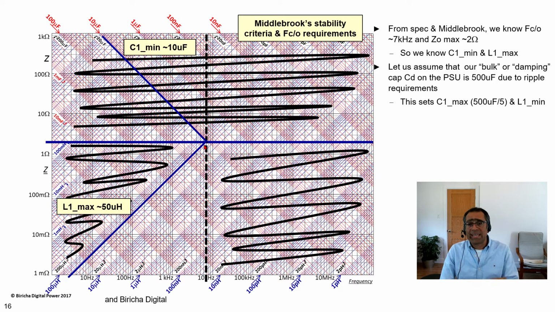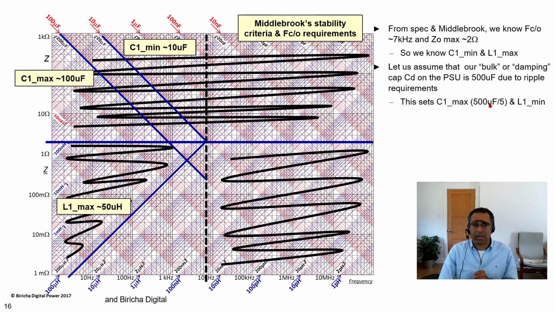Now this will set the maximum value of the capacitance because we said earlier on that the bulk capacitor or the damping capacitor has to be 5 times bigger than the filtering capacitor. So there we go. If my bulk capacitor on the power supply is 500 microfarads, and I'm going to use this as a damping capacitor, then 5 times smaller than that is around 100 microfarads, and that is the maximum value of the capacitance that I can use.